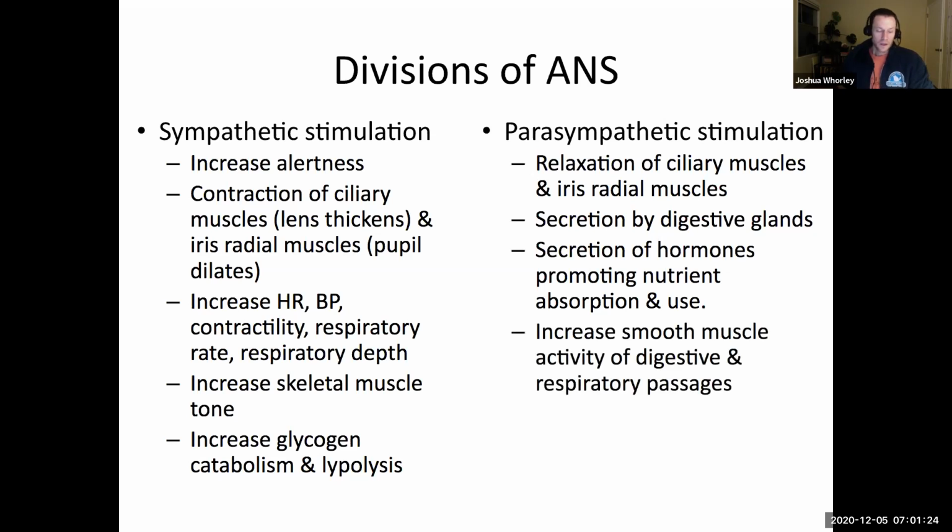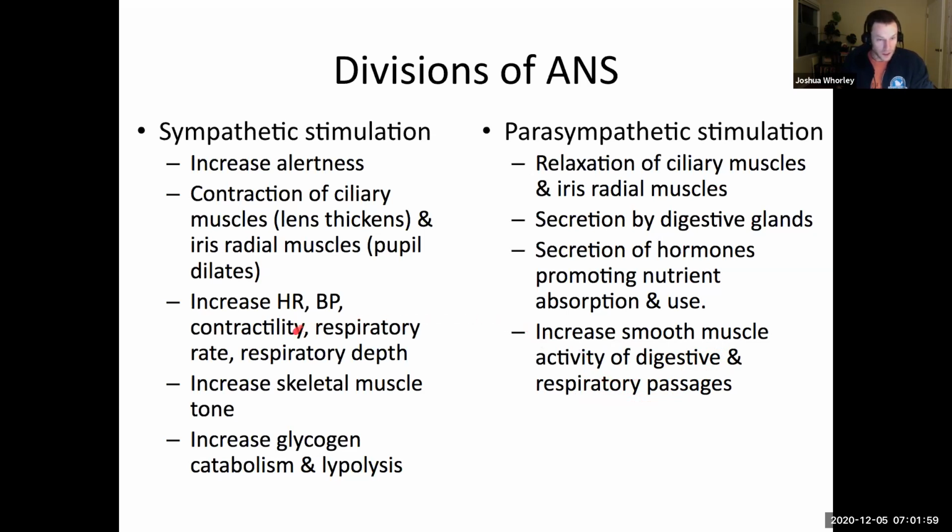There's more smooth muscle activity along respiratory passages and digestive passages. So you're working to move food down your digestive tract, right? Rather than letting go of that, you're moving food down your digestive tract, and the smooth muscle activity in your respiratory passages is typically to contract to reduce the diameter of the airway, right?